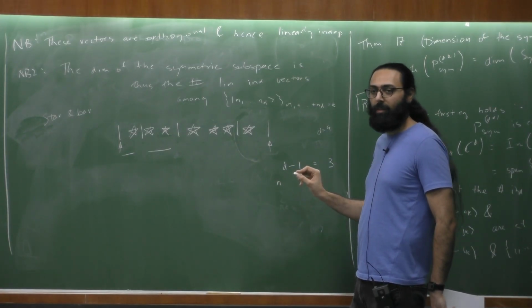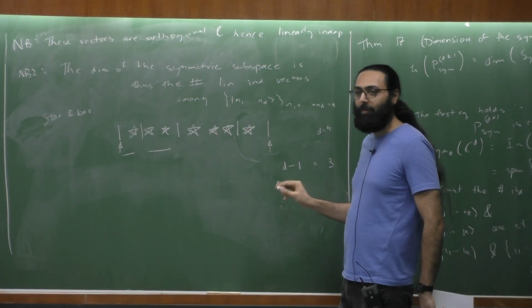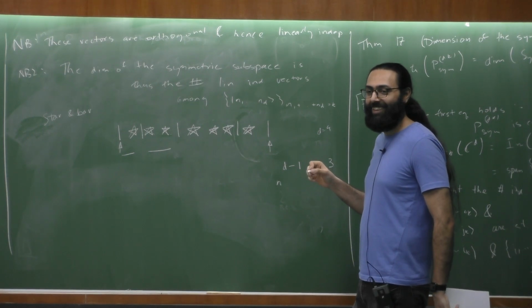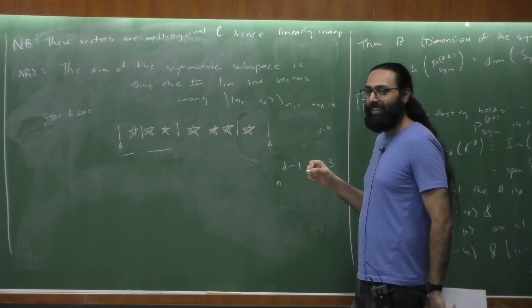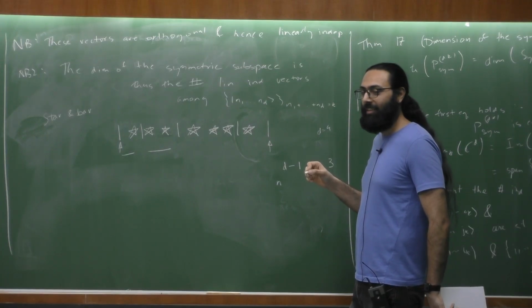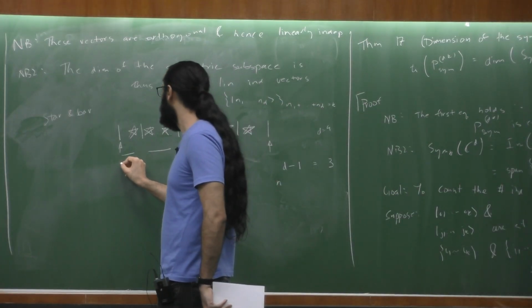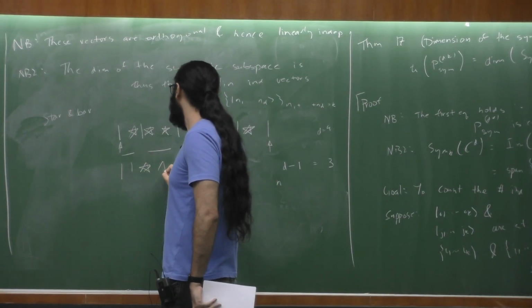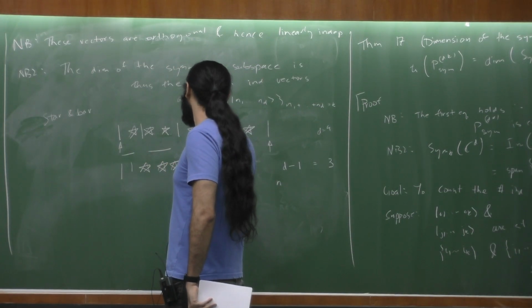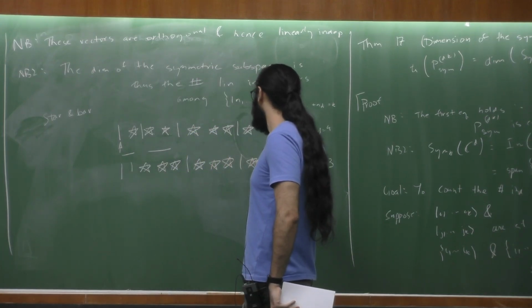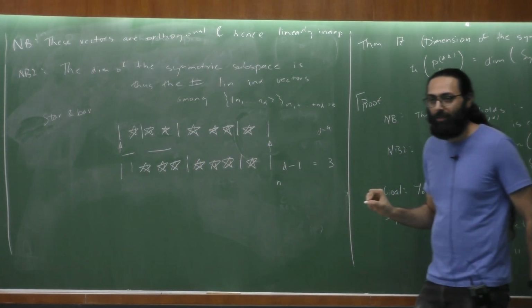Why can't a bucket have zero? It can, why not? You just put it like this. So you can have 0.